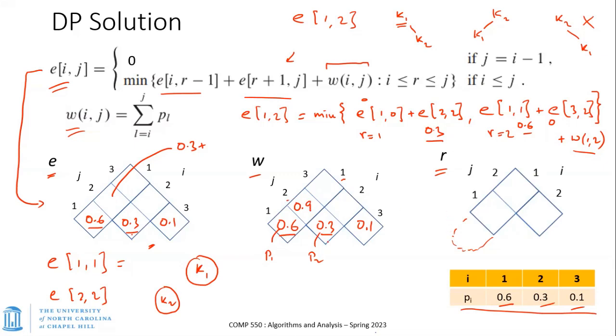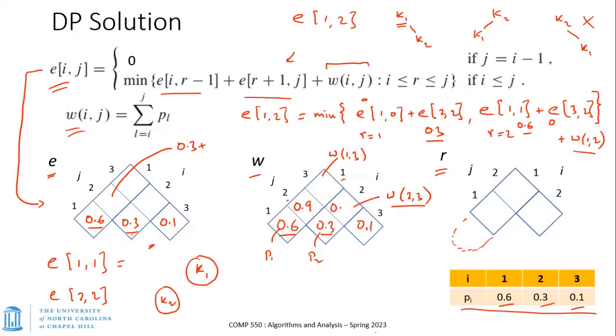What's the weight of W 2 comma 3? Can somebody tell me that? And can somebody tell me what these weight tables correspond to? So what would be the weight of W2 comma 3? 0.4 did you say?